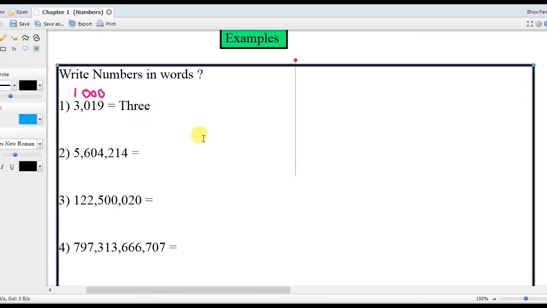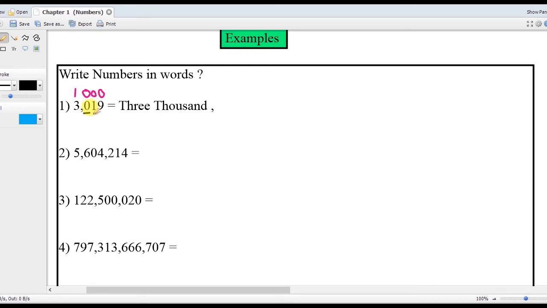So this is 3000. Now recall the spelling of thousand. THOUSAND, 3000, a comma, and then is there any hundred? See, at the hundreds place there is nothing. It's already zero, right? So there is no hundred. After that we'll have 1 and 9.